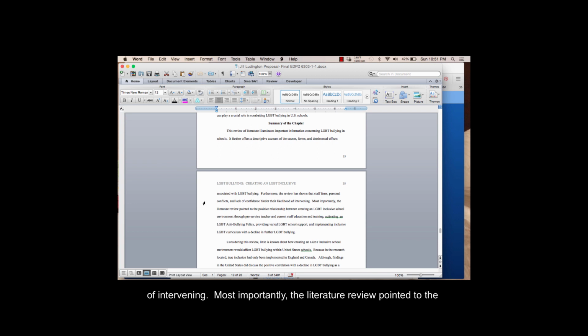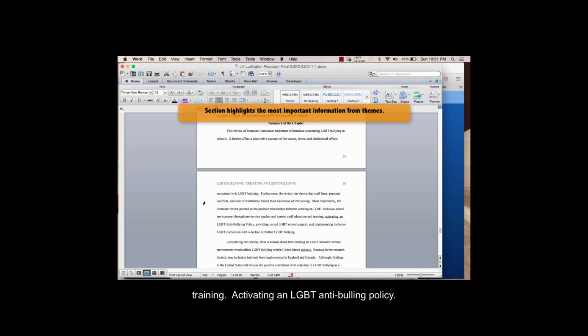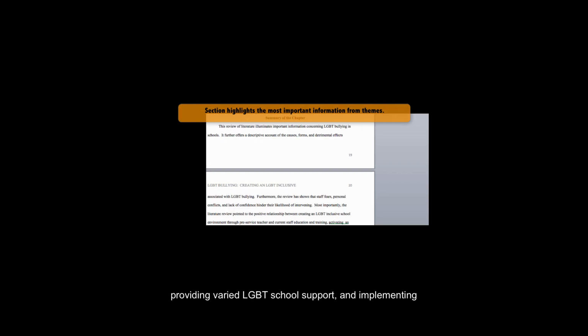Most importantly, the literature review pointed to the positive relationship between creating an LGBT school inclusive environment through pre-service teacher and current staff education and training, activating an LGBT anti-bullying policy, providing varied LGBT school support, and implementing inclusive LGBT curriculum with a decline in further LGBT bullying." So this paragraph right here sums up what was in the themes in this review of literature. It's a repeat of the major points in the themes.